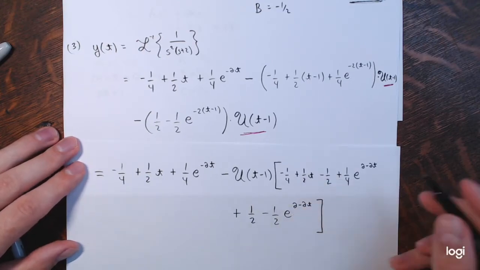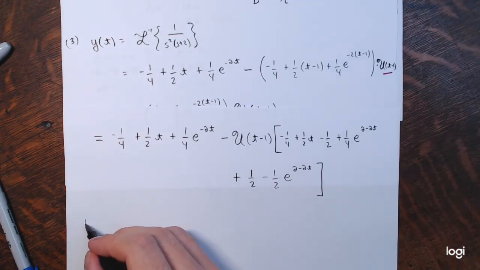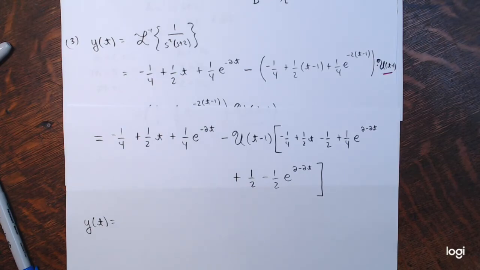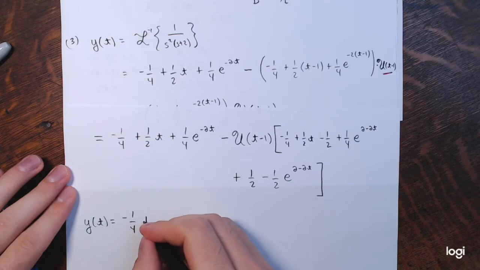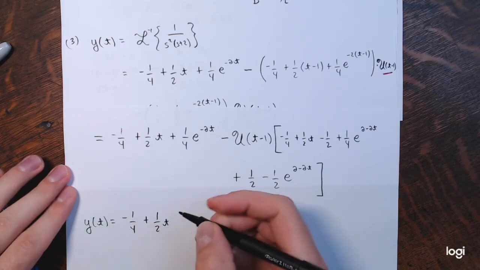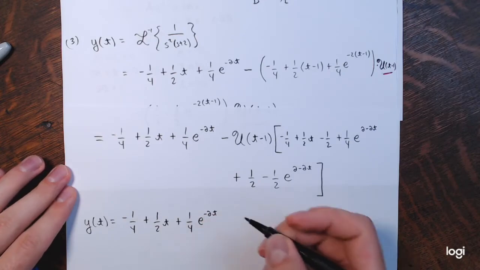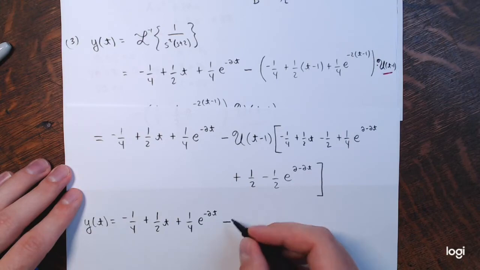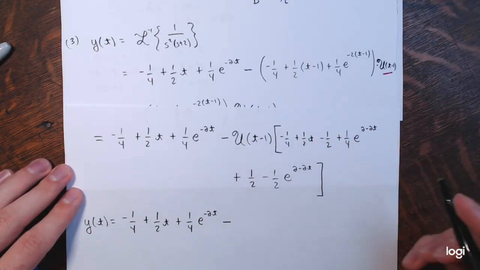And then in the brackets, I can combine some like terms. And when all is said and done, we have the following. y of t equals negative 1/4 plus 1/2 t plus 1/4 e to the negative 2t. And then I'll just put the minus here, and usually the unit step function goes at the end.